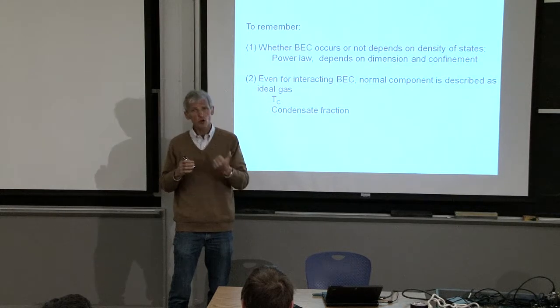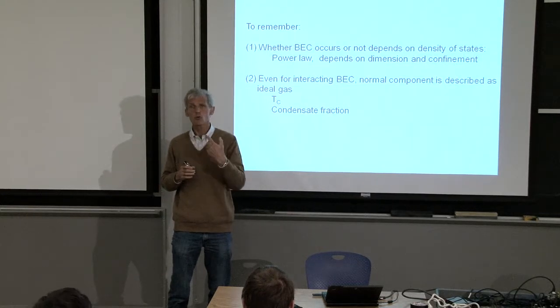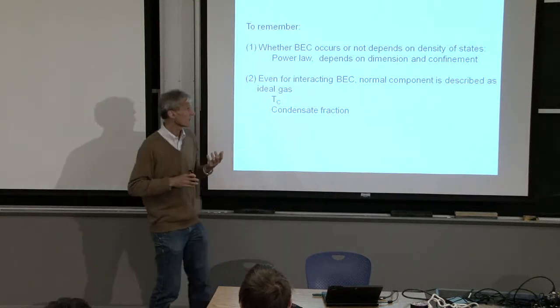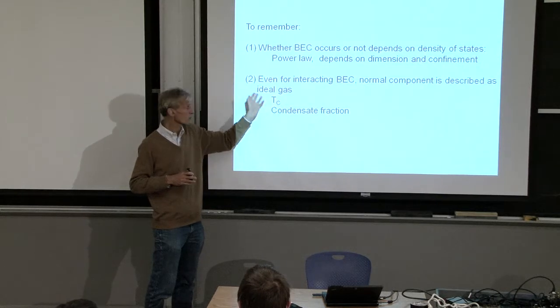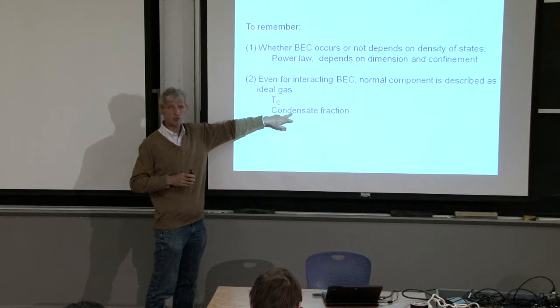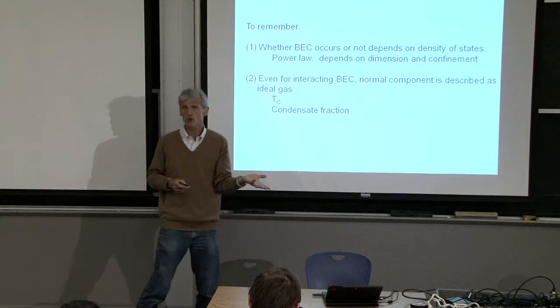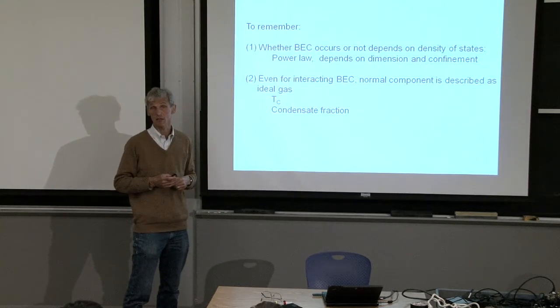So before condensation or at the onset of condensation, your gas is like an ideal gas, and you only find a few percent corrections to the formulae for the ideal gas. Therefore, if you want to know at what temperature you reach the transition point, or if you're 50% below the transition temperature, what is your condensate fraction, you can simply look up the original formulae by Einstein, and it gives you a reasonably accurate answer.